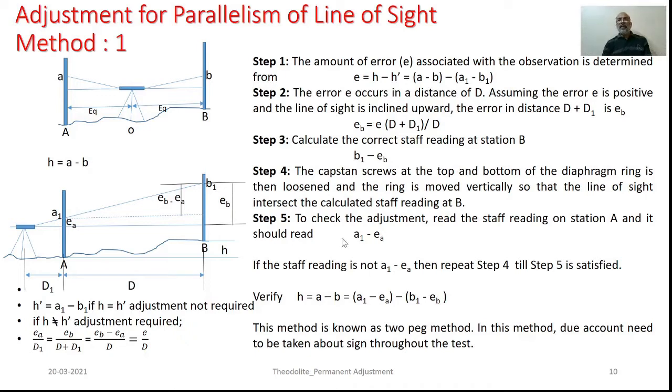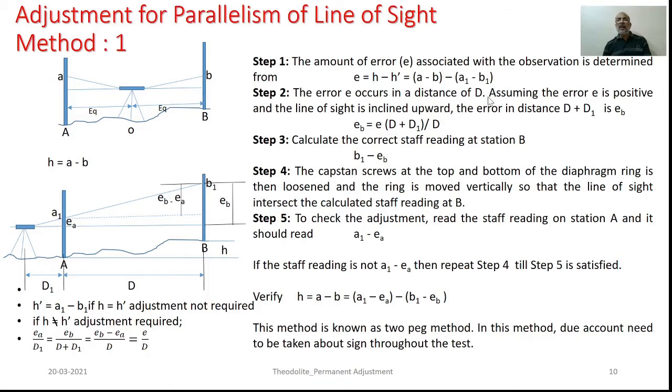Here, this error is H minus H dash. In turn, it is nothing but the difference between the true difference in the staff readings and the apparent difference in staff readings, as obtained as shown here in this particular figure.